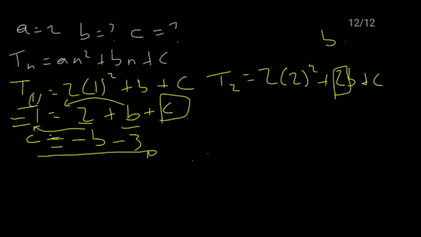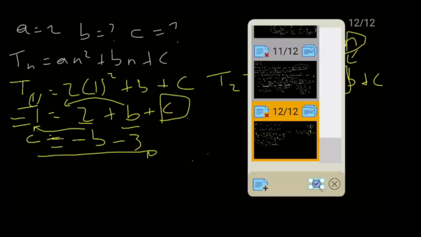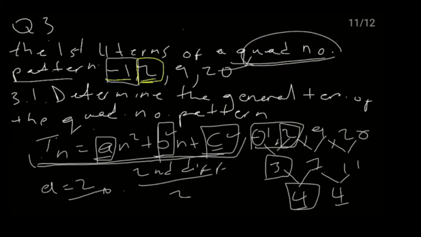So it's Bn. Let me just write it down so that you guys don't get confused. It's Bn. We substituted the 2, which gave me 2B. I hope you guys follow from there. Remember again, the value of term 2 is 2.